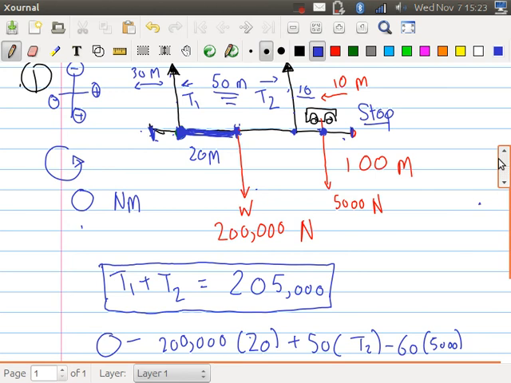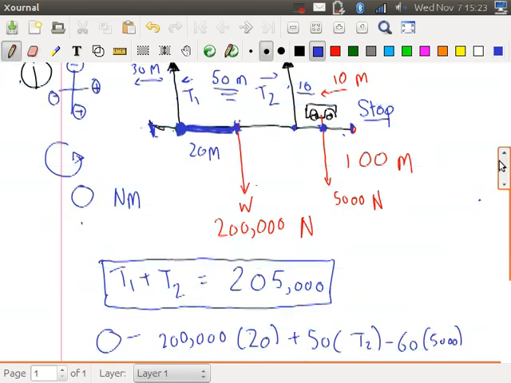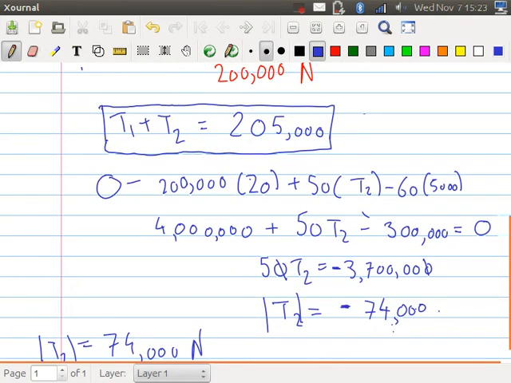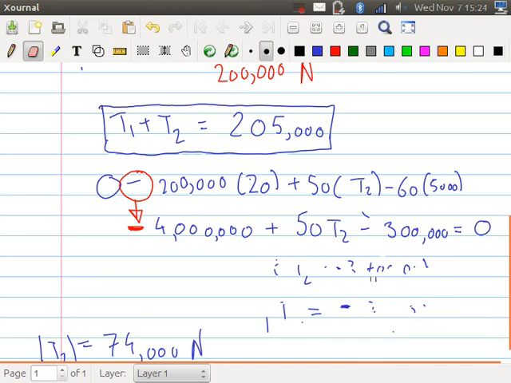Clockwise, negative; anti-clockwise, positive; clockwise, negative. Ah! Oh! So now I have to delete this. Actually, I don't really need to, because I can add it up.